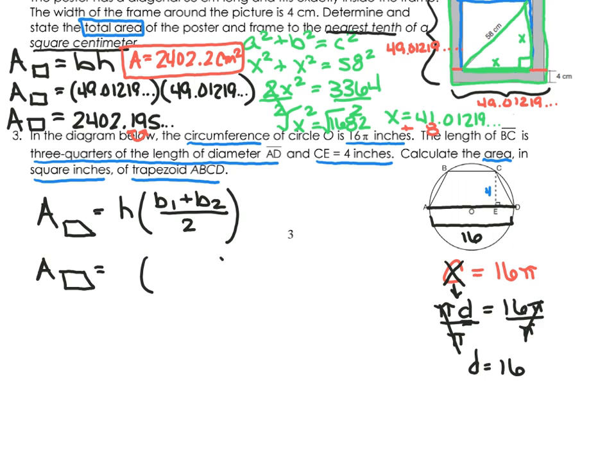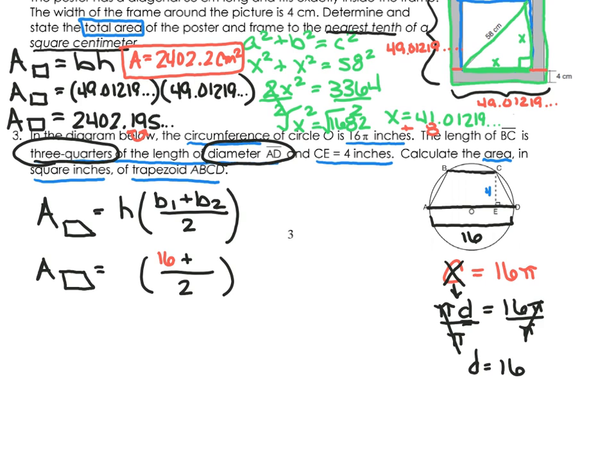And so we're going to go ahead and use a little replacements now that we know we have something. So we'll keep the structure of the formula in here, but I'm going to replace one of my bases, let's say base 1, with 16. Okay. All right, let's see what else they told us back up here. It says that BC, do you guys see BC? BC is actually my other base, and they're telling me that it's 3/4 the length of our diameter AD.